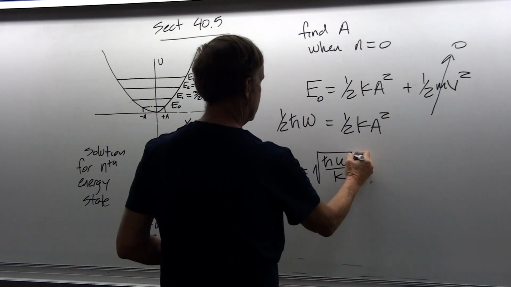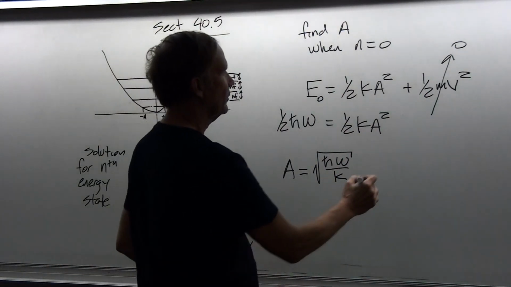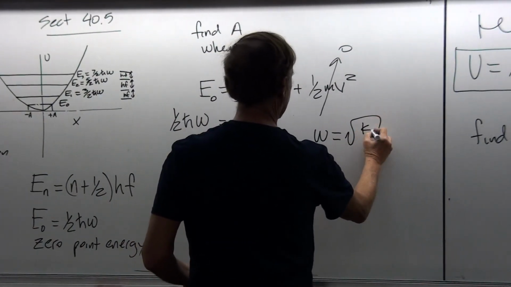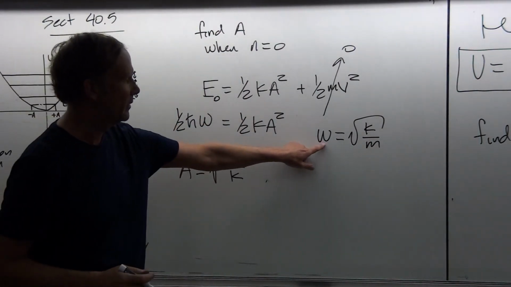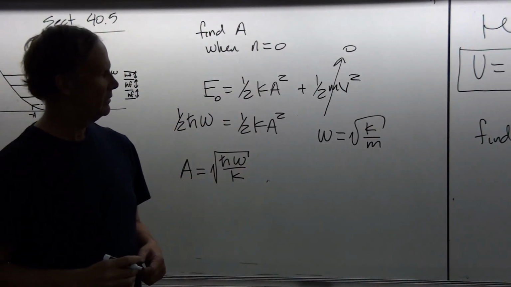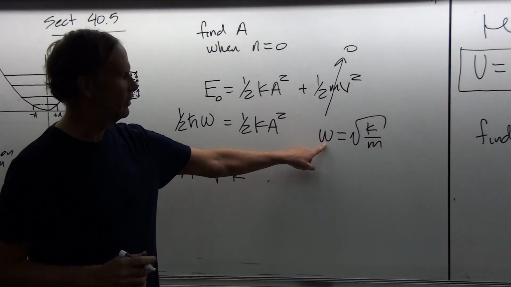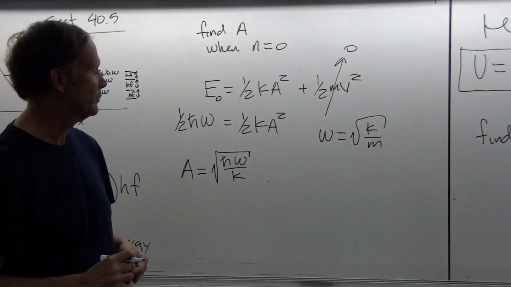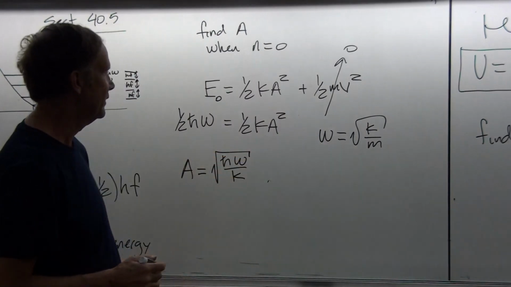But what is omega? Well, omega is equal to the square root of k over m. And so that is from our basic solution of our second order differential equation for a simple harmonic oscillator. Okay, it's equal to the square root of the spring constant divided by the mass, and this is just a classical result here.